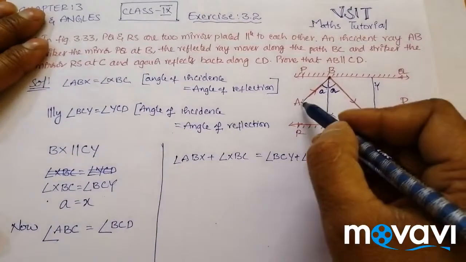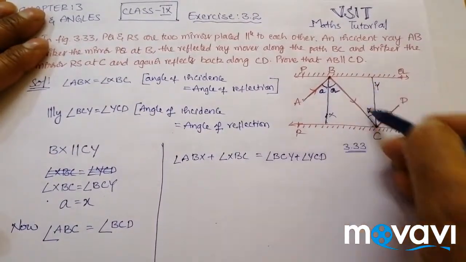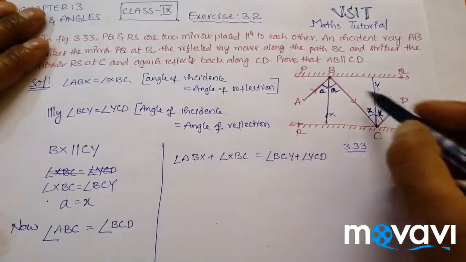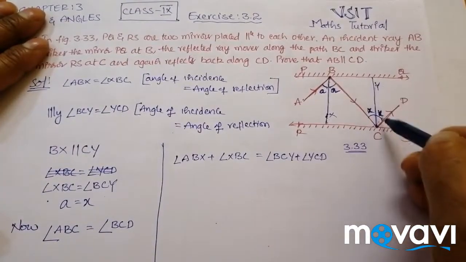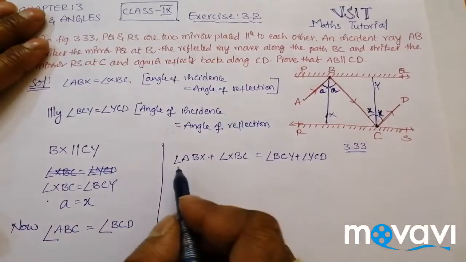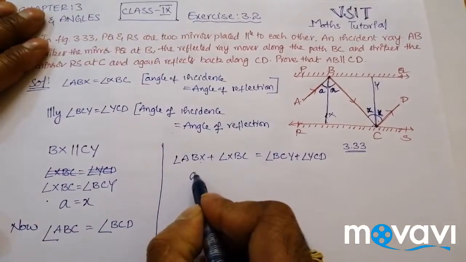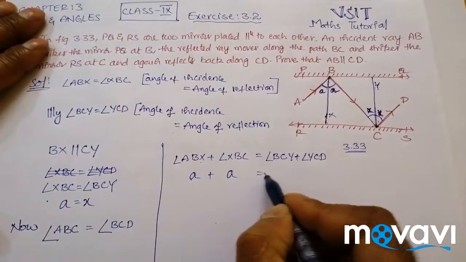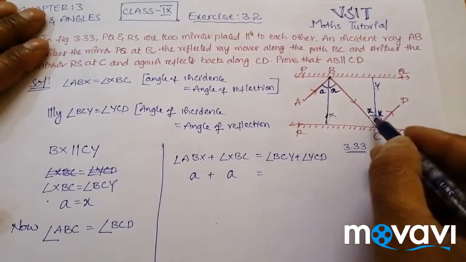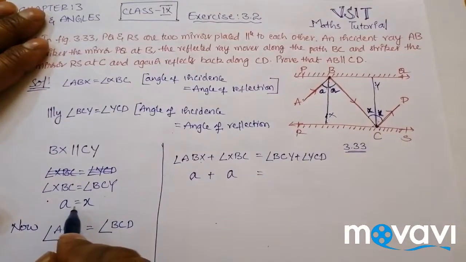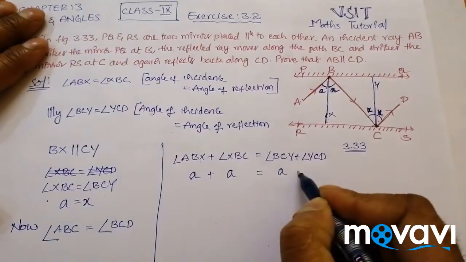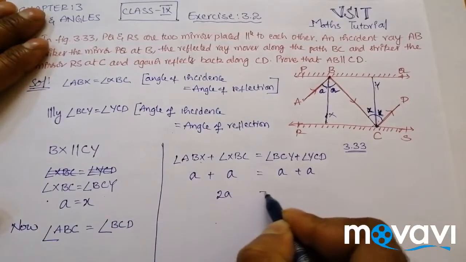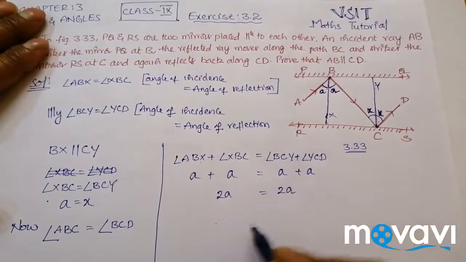ABX means A, XBC means A. BCY means X, of course, but here A is equal to X, so here this is also A. So A plus A, 2A, is equal to 2A.